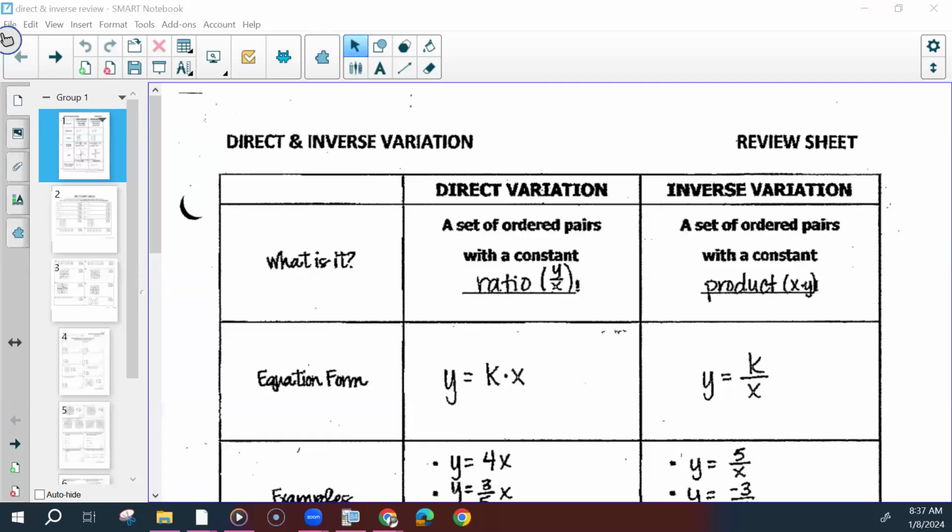From the review, what questions do we have? What if you want to go over and review before you take your test?